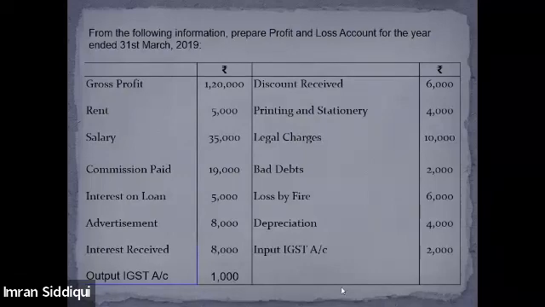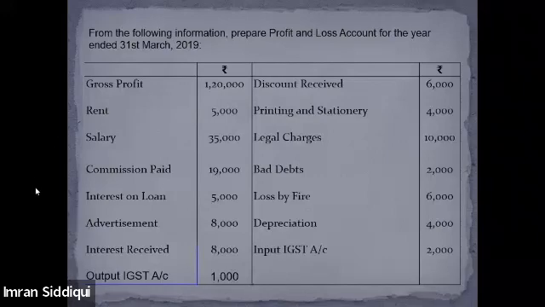62. Okay. And could you please tell me the values on the credit side? Gross profit 1,20,000. Discount received 6,000.